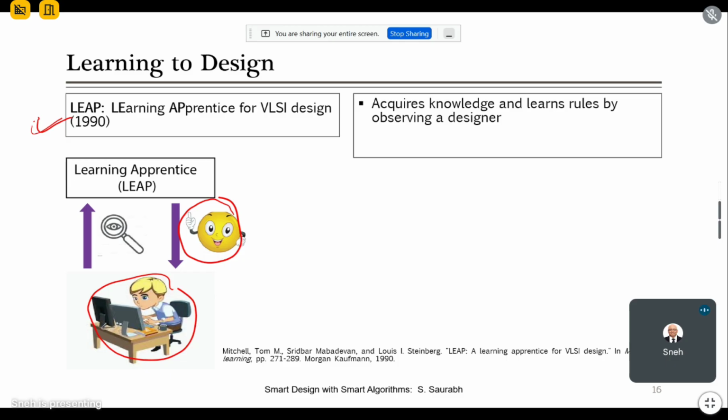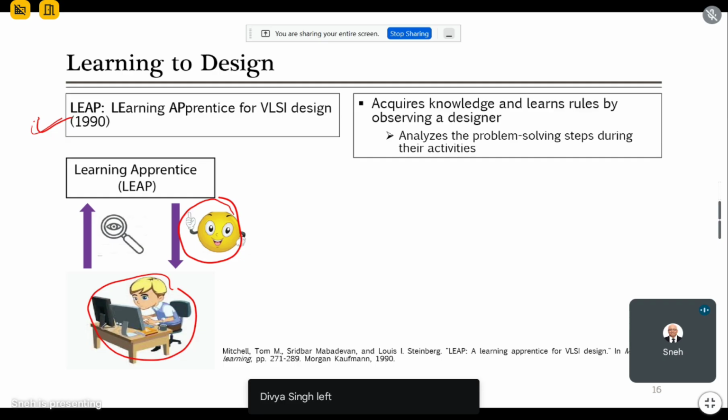So it acquires knowledge and learns rules by observing a design. Then it analyzes the problem-solving steps during their activities, what step the designer took at this point, what was the problem, what was the solution.